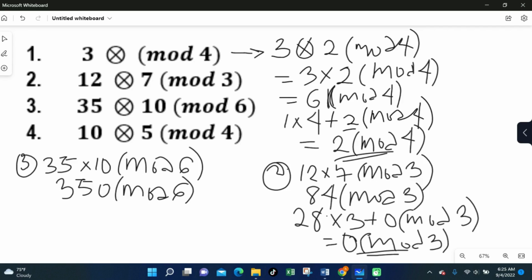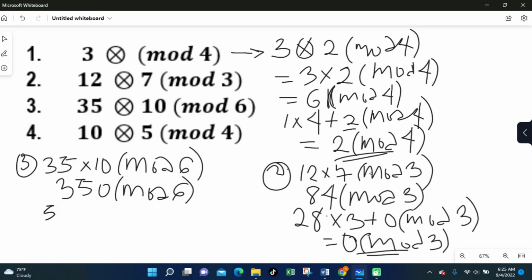Now how can we break down 350? If we divide it by 5, we'll have no remainder. So if we divide it by 6, definitely there will be a remainder. So let's look at 350 divided by 6.